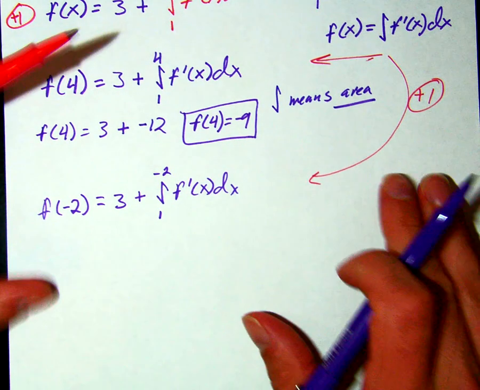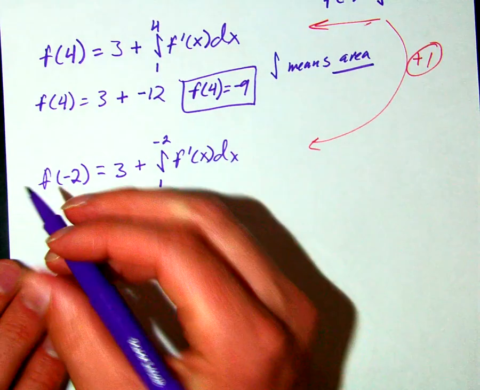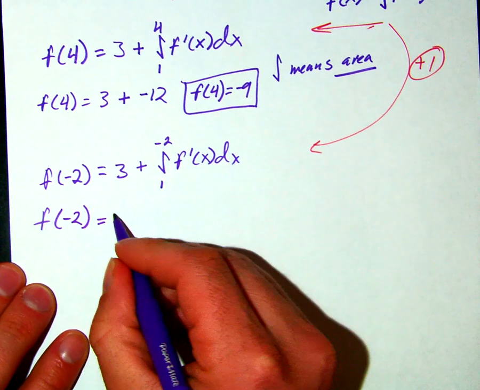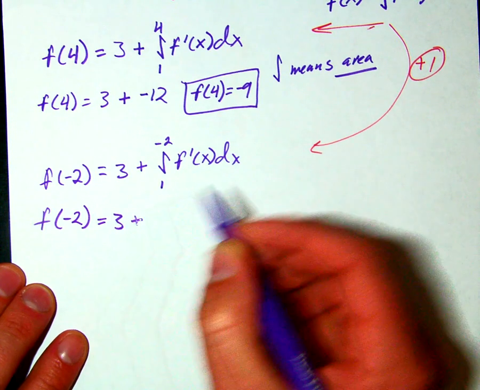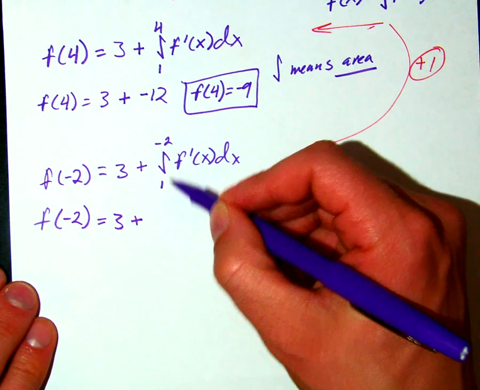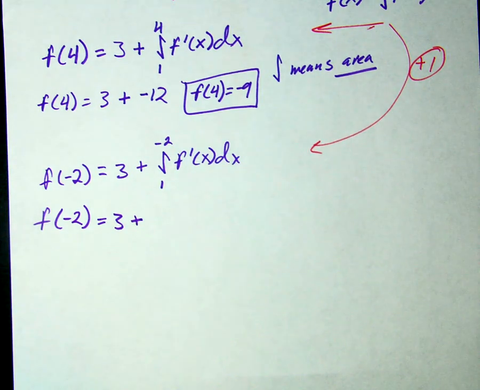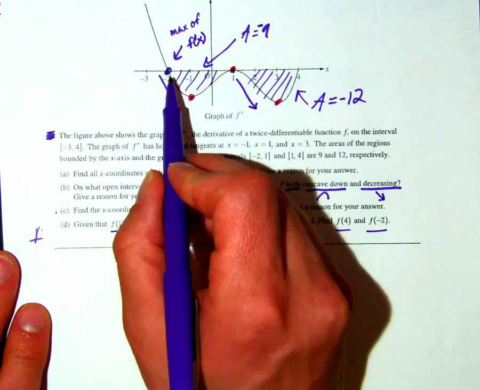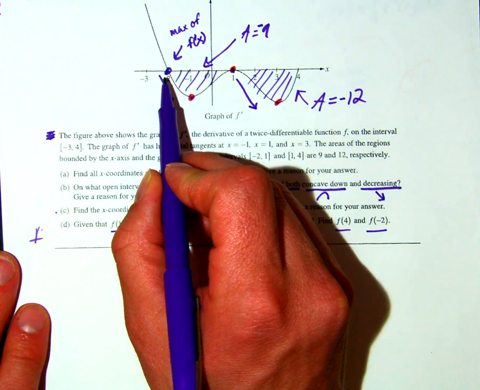This one's a little trickier. f of -2 is equal to 3 plus the integral from 1 to -2. Now, when we do integrals, you're usually used to reading it from left to right, -2 to 1.